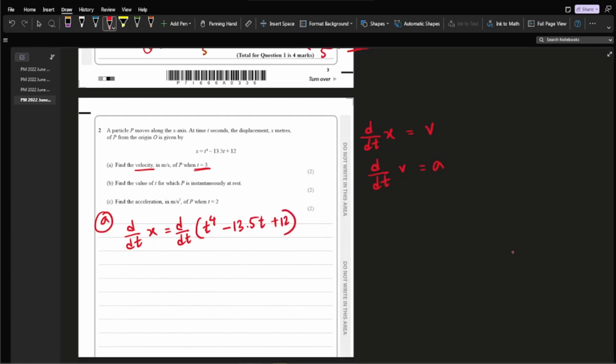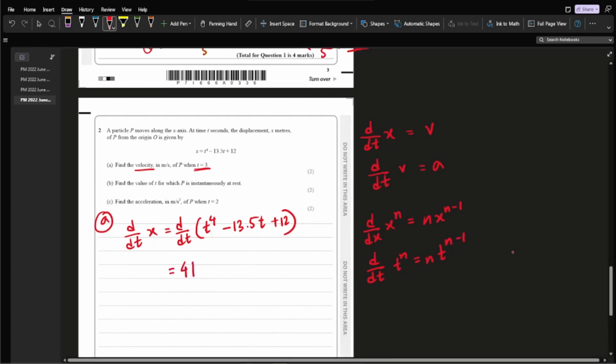So we know d/dx of x to the power n is equal to n x to the power n minus 1. So if we replace x by t, d/dt of t to the power n is equal to n t to the power n minus 1. We are going to apply the same formula here.